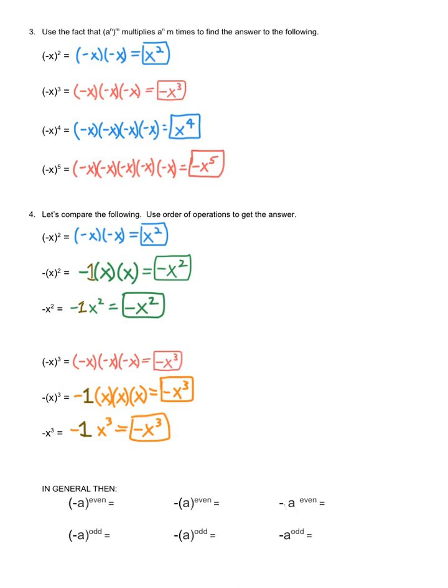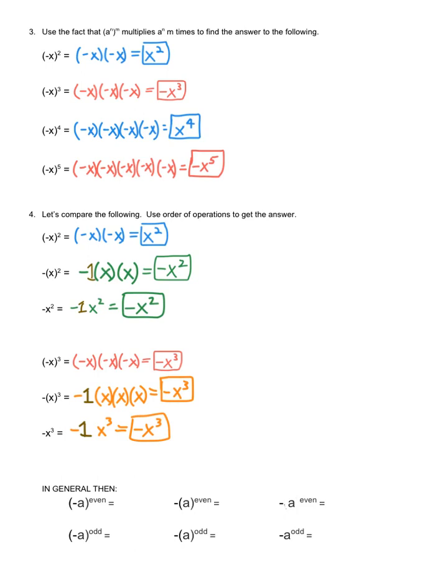For negative (x) to the power of 3, remember that's really kind of like saying negative 1 times x times x times x, because the x is the part that's inside the parentheses happening 3 times. Negative times a positive times a positive times a positive is negative x to the third. And for negative x to the third, order of operations says we do the exponent part first, so that's the x to the third part, times that negative 1 gives me negative x to the third.